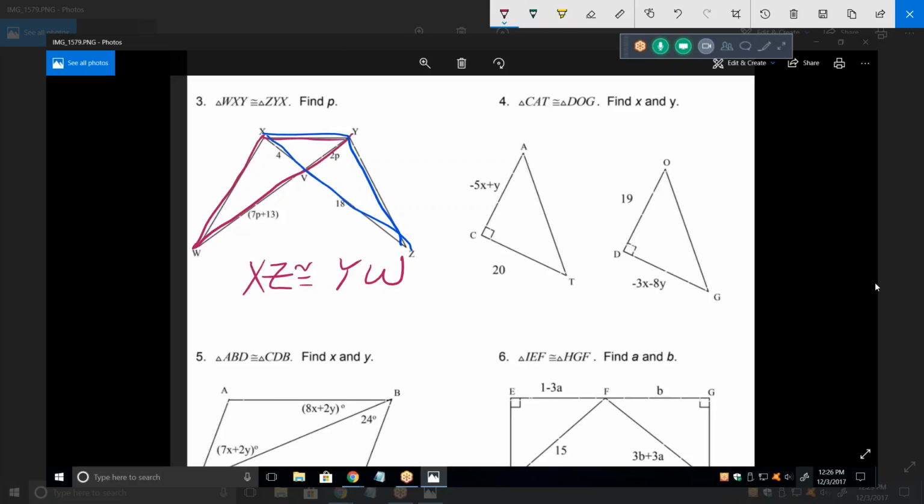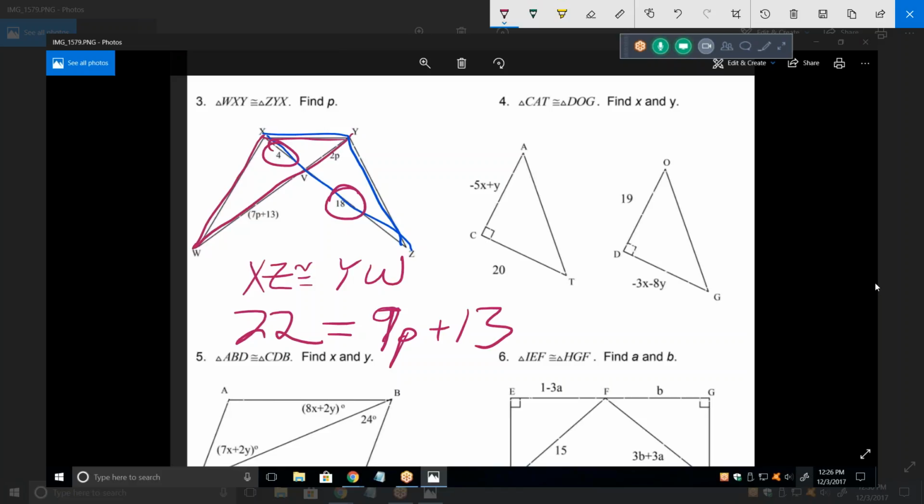Read it. They're numbers. There's a number, there's a number. 4 and 18. Okay, that's what I wanted, 22. And what's that equal to? 7p plus 13 plus 2p, which is 9p plus 13. Now solve that equation, you'll have your answer.